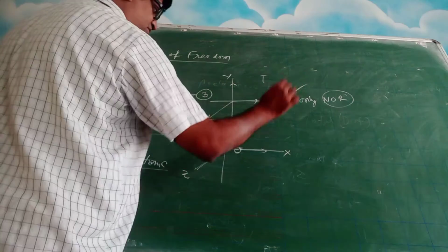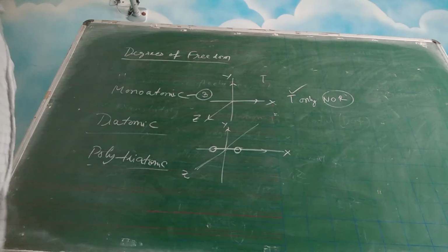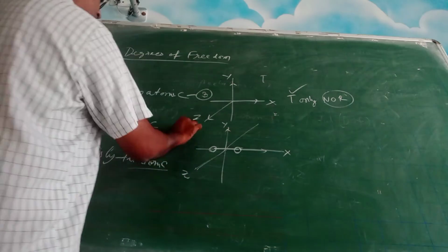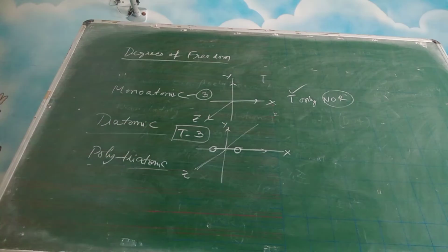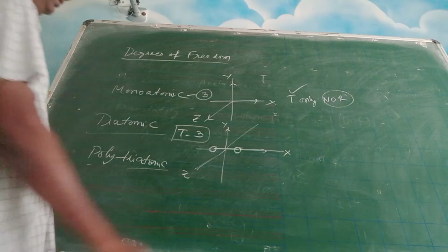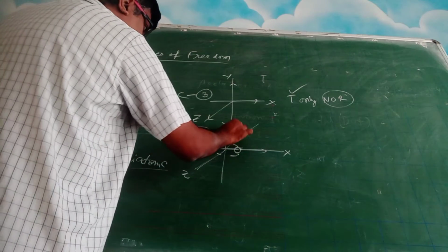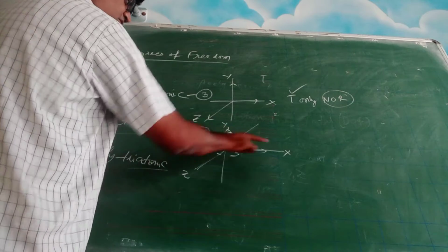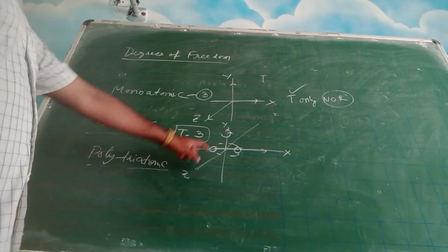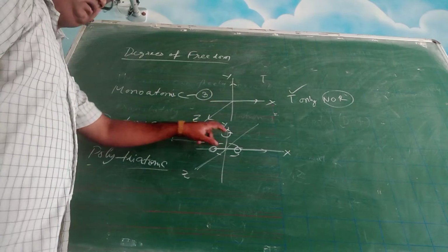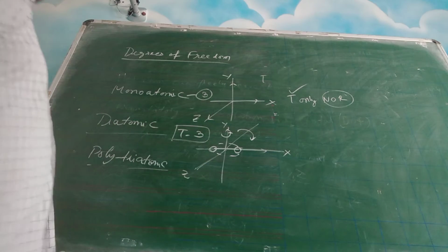Dumbbell can move in X, dumbbell can move in Y, dumbbell can move in Z. So in translation, you have 3 confirmed. But when it comes to rotation, now this can rotate about Y. Suppose this dumbbell is in X direction, okay? So it can rotate in Y, it can rotate about Z.